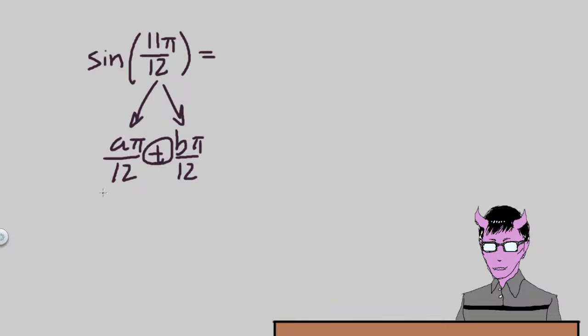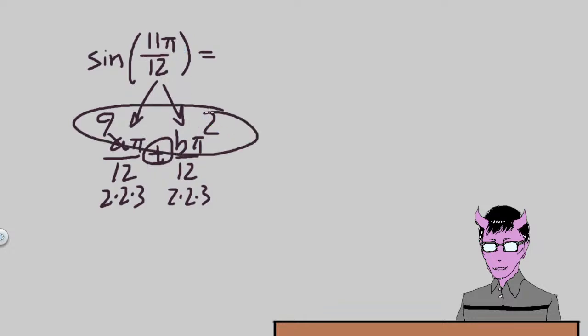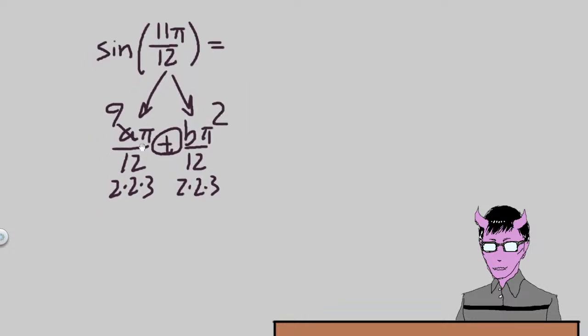Basically a needs to contain factors of 2 or 3, some combo of that, and b needs to contain factors of 2 or 3. Off the top of my head, 9 and 2 are the nicest ones. So a could be 9, because 9 is divisible by 3, and b could be 2, because 2 is divisible by 2. And 2 plus 9 is 11. So I think that is the optimal breakup.